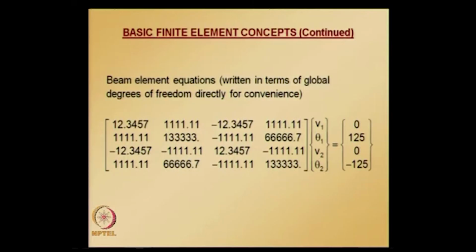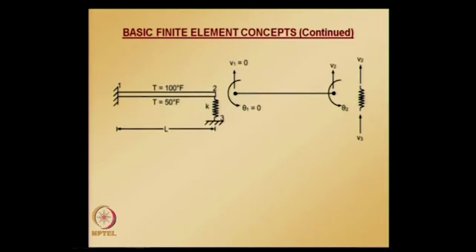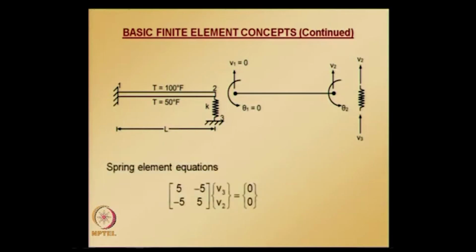Here the notation that I am following is global node 3 is local node 1, and global node 2 is local node 2. So with that understanding, we get the element equations for the spring element like this.